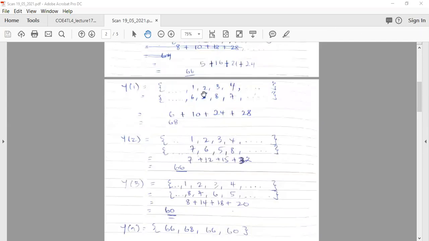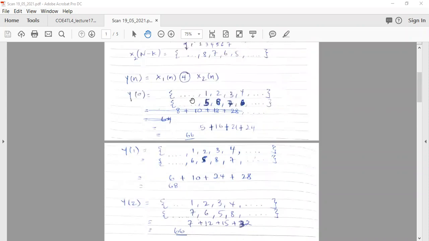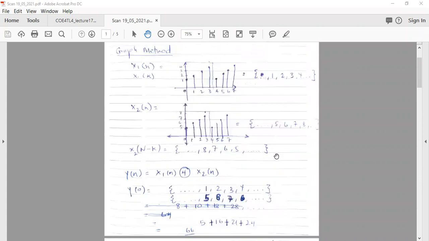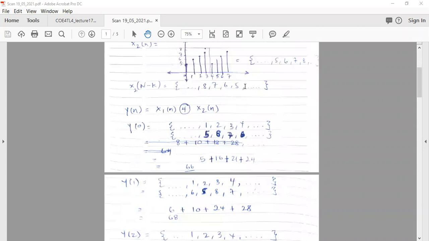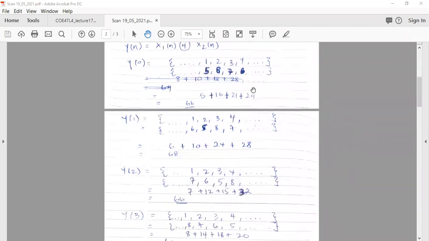So you'll end up with this particular sequence for y of 1. Basically 5 has shifted 1 unit to the right, so 5, 8, 7, and then 6 comes right after it. Based on the sequence, you have 6 and then 5, and the remaining 2 digits are 8 and 7.